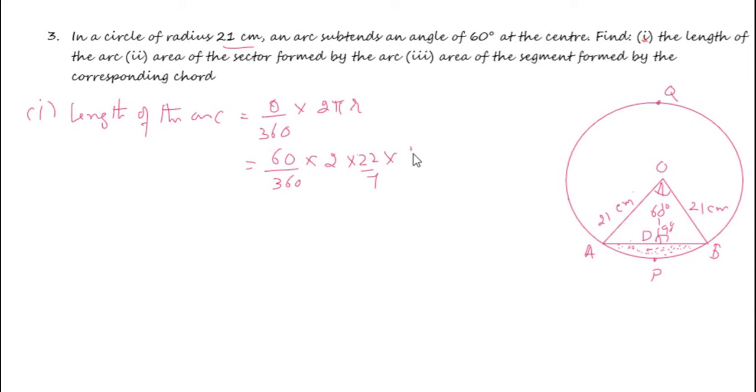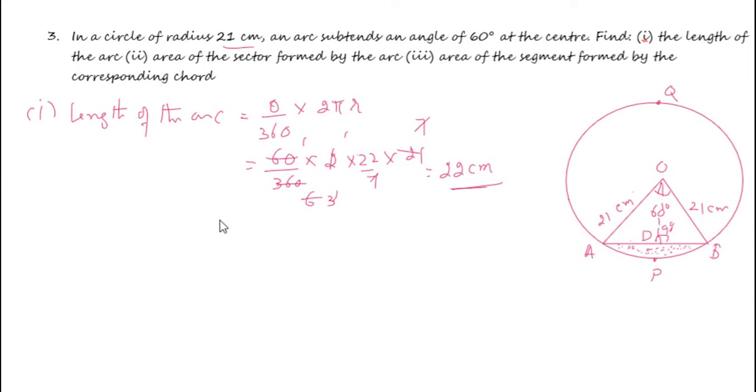R is 21. This is 6 1, 6 6 times, 2 ones, 2 3 times, 3 1 3, 7 times 7 7 cancel. So this is 22 centimeters. So length of the arc APB is 22 centimeter.